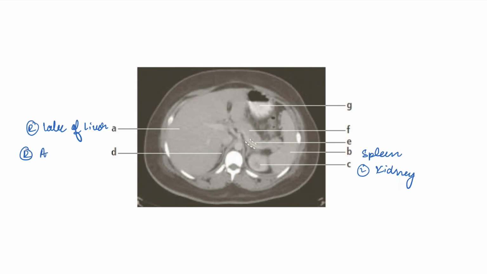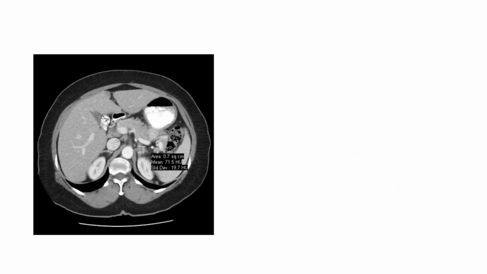D is right adrenal gland. E is splenic vein. F is pancreas and G is stomach. What does this picture show? This picture shows left adrenal adenoma.